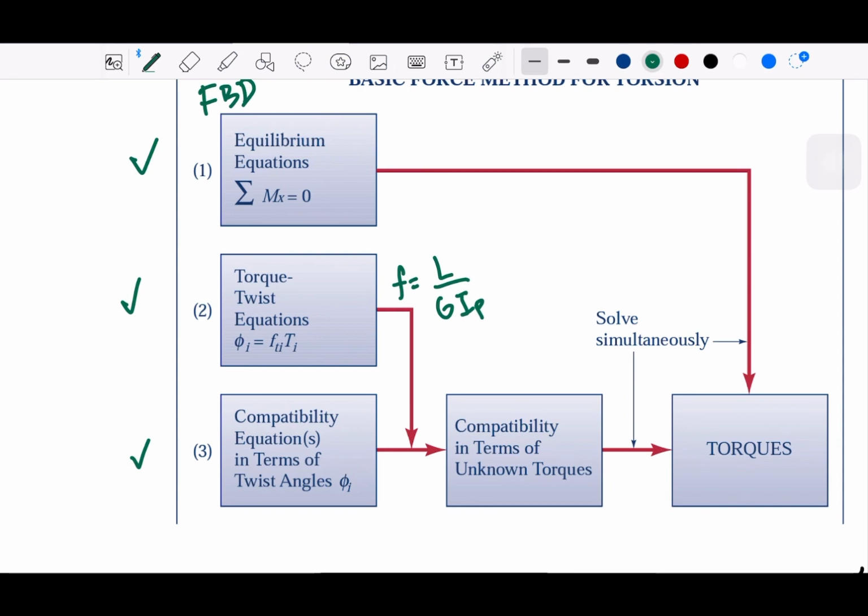So if the equations have two unknowns or more, then we need to take the compatibility equations. You need to remember that.